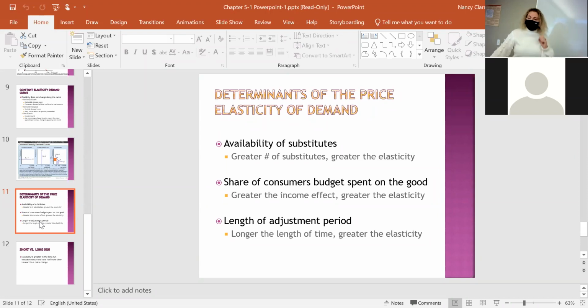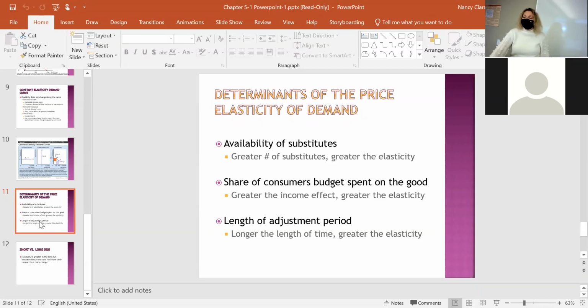The second one, share of a consumer's budget spent on that good. So the more significant that good is in your overall budget, the more responsive you're going to be to a change in price of that good. So for example, if your rent goes up by 10, 20, 30%, you're going to react, because that's probably one of your most significant bills every month, right?